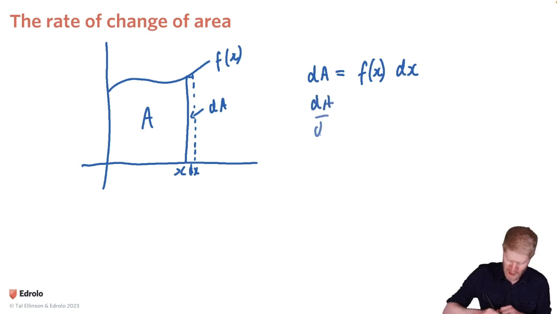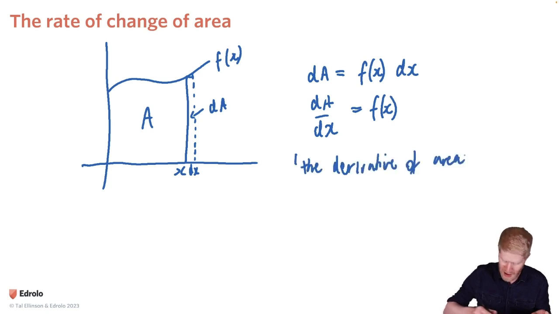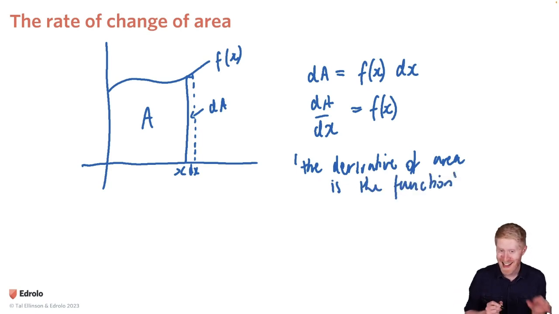Hopefully you can see that if we divide both sides by dx, we have that dA/dx is equal to the function. In other words, we have that statement that I established on the previous slide. The derivative of area is the function itself. It's pretty cool.